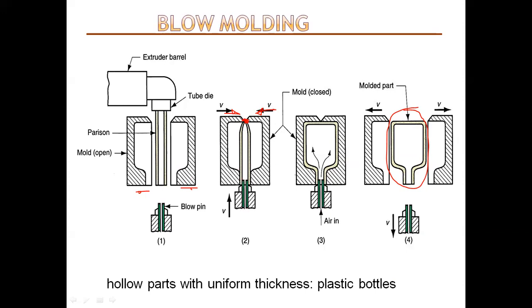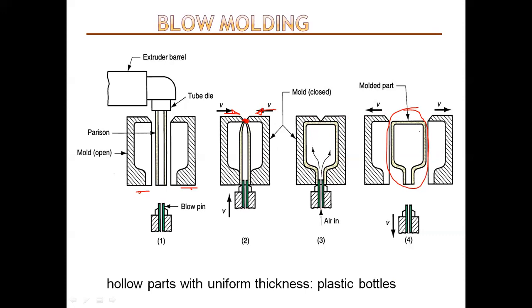Then the parison is inflated by air blown through the blow pin, taking a shape conforming to the mold cavity. The parison is then cut off at the top.